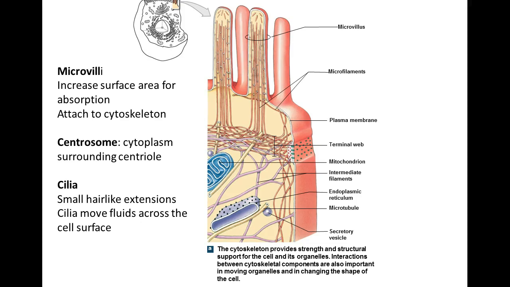Cilia are larger than microvilli, and cilia allow for movement. You see cilia in the respiratory system. You also see it in the reproductive system. It facilitates movement of something. In the respiratory system, it facilitates movement of larger particles out of the respiratory system.